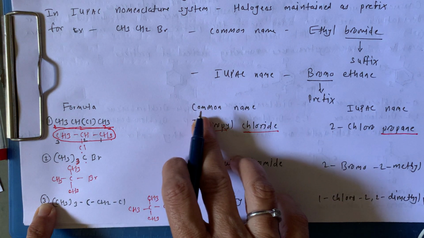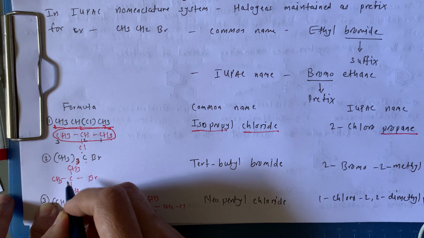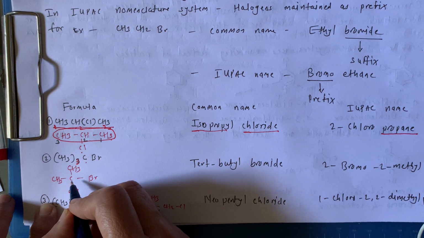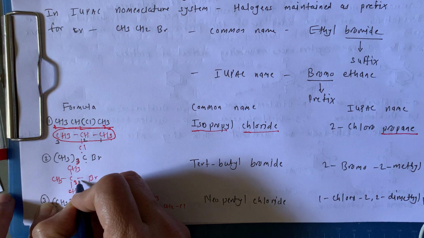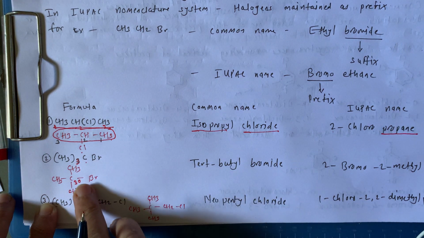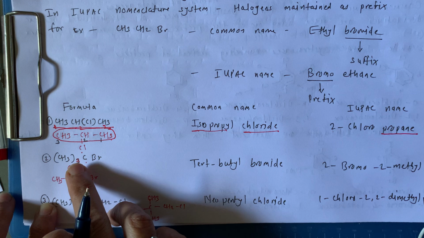Now in the common name, we have to check which type of carbon this is. See now here, this carbon is attached to 3 different carbons. So this carbon is a tertiary carbon. We write tertiary as 3 degrees. This is the tertiary carbon. So how many carbons are there?